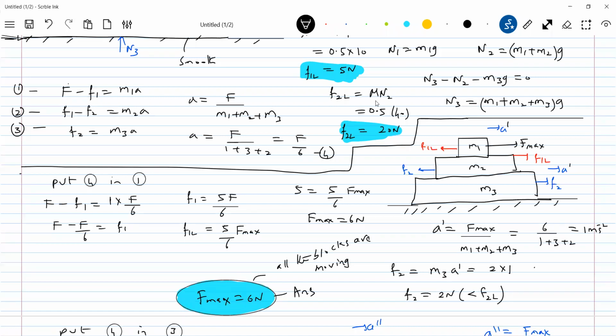When I apply that 6 Newton force, all the blocks are moving. At maximum force, at M1, M2, limiting friction will act, and F2 will be static. Why will M2 be at rest? M2 is also moving, no? You can see F1L is greater than F2. Check it. What is F1L? So then it is not static friction, and it is static friction also. F2 is static, no?